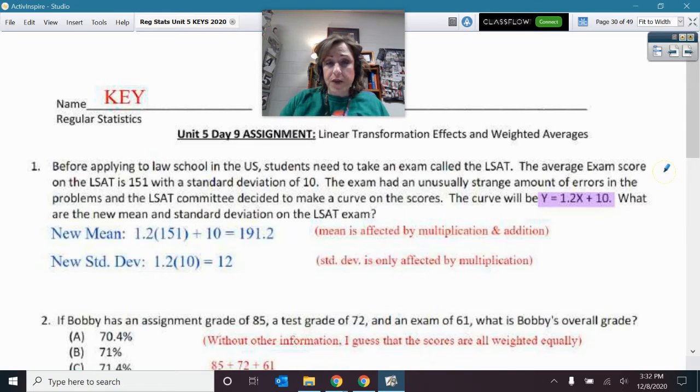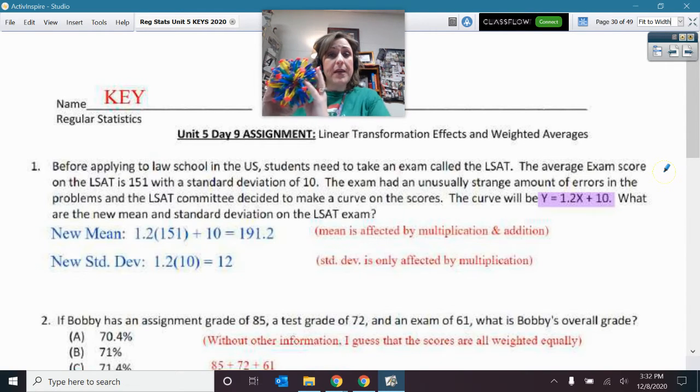All right, we're going to go over the assignment that we did on linear transformations and then the weighted averages. So let's remember before we get started that we wanted to know what happens if we change all of the data. If we added or subtracted all the data, then that would change where the center is located.